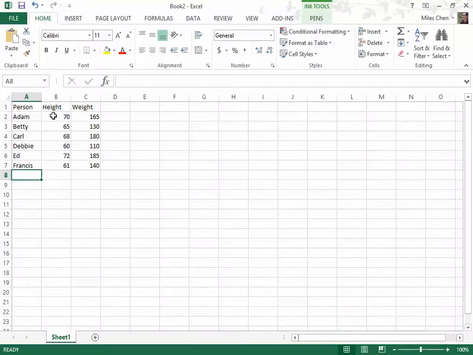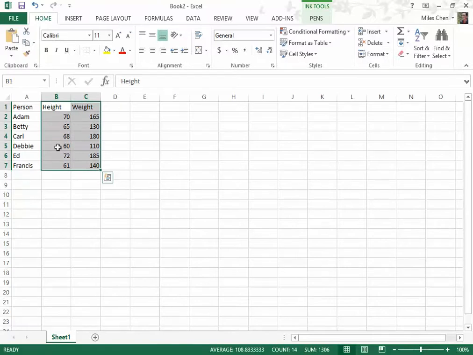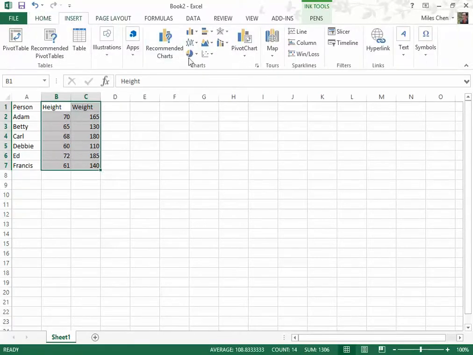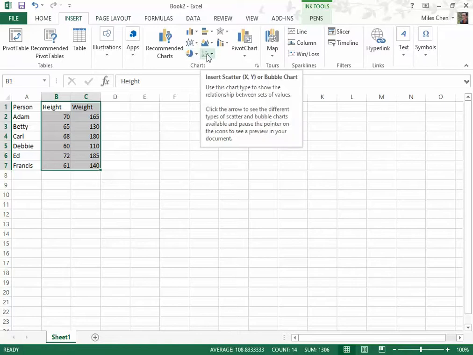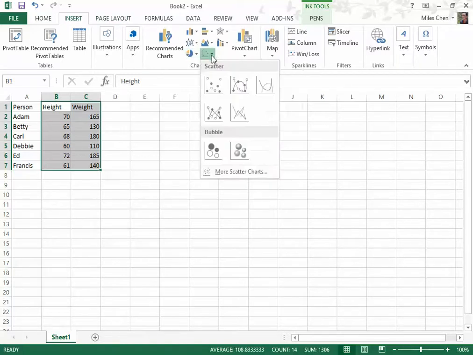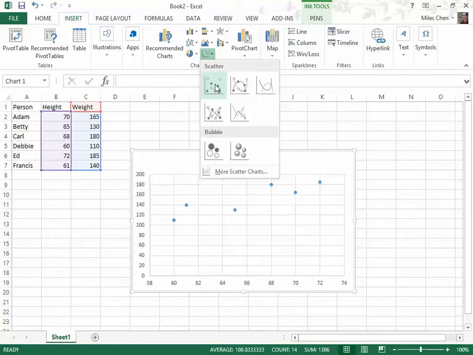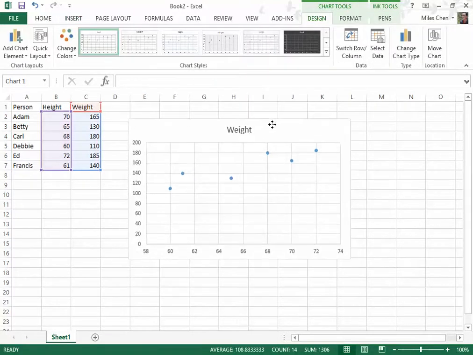So to do this, I'm going to highlight the data that I've typed in, and I'm going to say, Excel, I want to insert a chart, and this is the chart that I want. Insert a scatter. So I'm going to just click down, and I want this one right here. And so this is what we have.